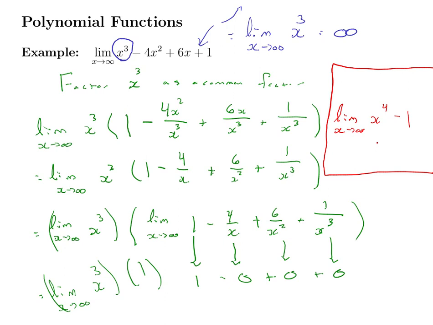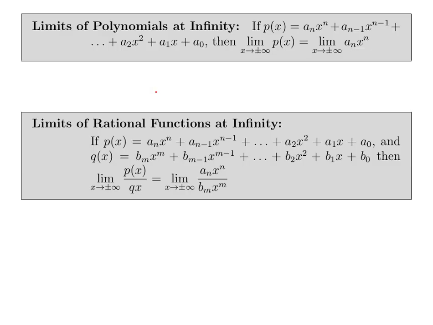Similarly, the biggest term of a polynomial, if x is going to infinity or negative infinity, gets so big it dominates whatever is happening. And so any plus 6x here or plus 1 is like going down to the shore of an ocean and trying to take some water out and saying, okay, we changed the water level. You did, but did it really actually do anything? No, not really.